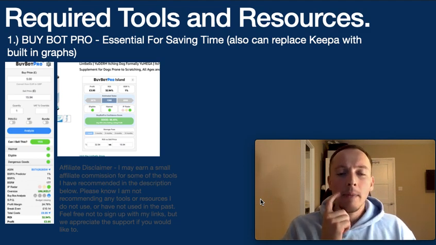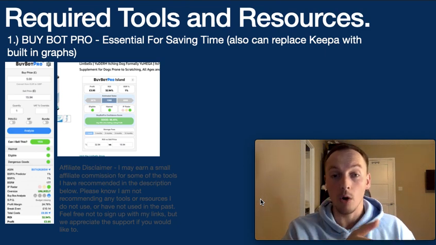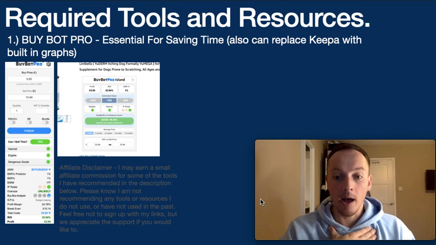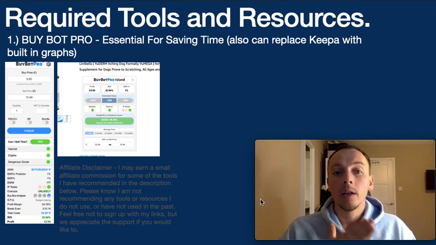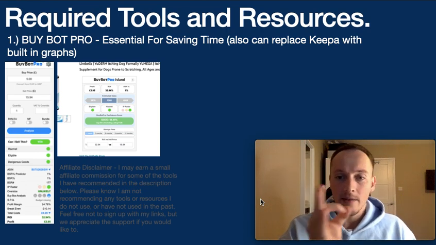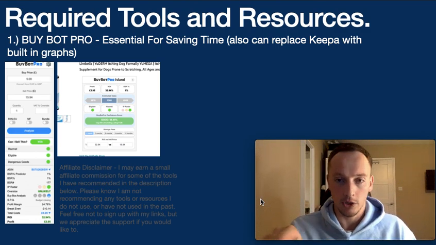But when I mentioned earlier about you needing to invest in at least one tool, it was BuyBot Pro or Keeper at the start. Personally, I use Keeper and BuyBot Pro, but they both cost money. So if you're looking to save money, then you can use BuyBot Pro at the start and then decide if you want to use Keeper later on.